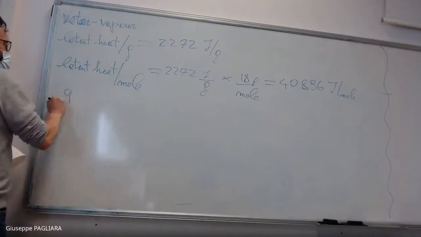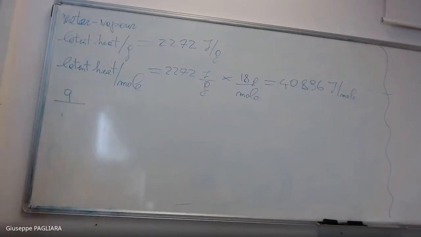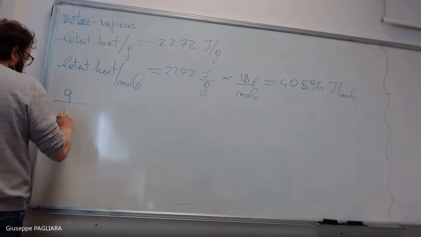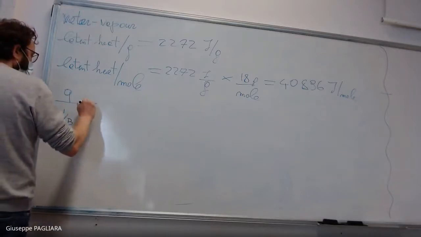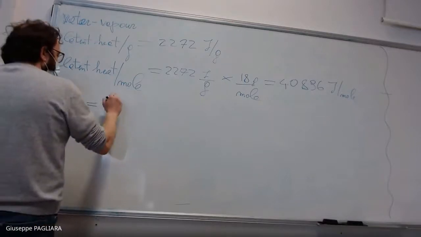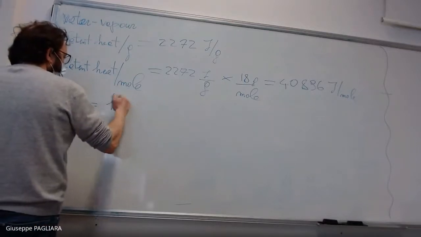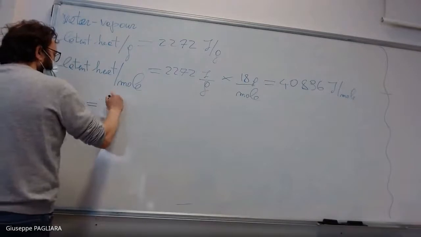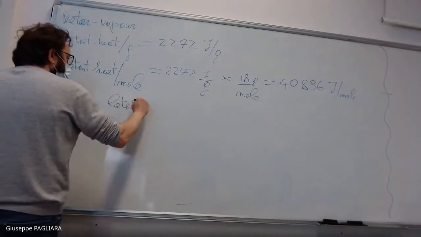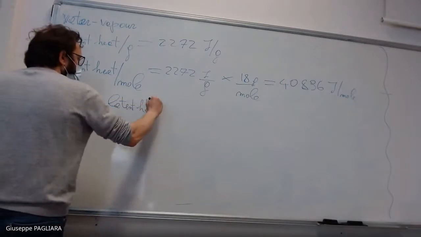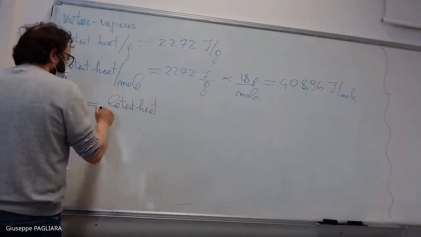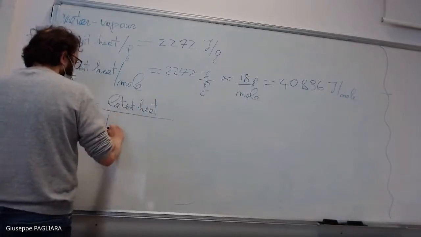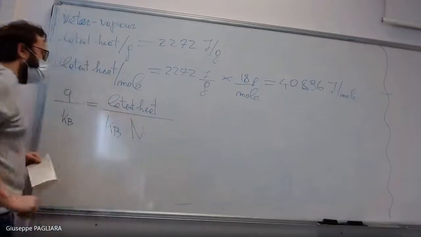Okay, just a matter of making two more calculations. So in the exponential that we had before, we have Q divided by kB. This is the latent heat, actually, latent heat per particle, n.